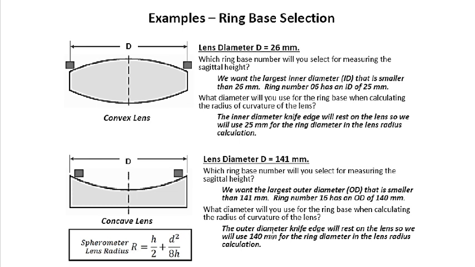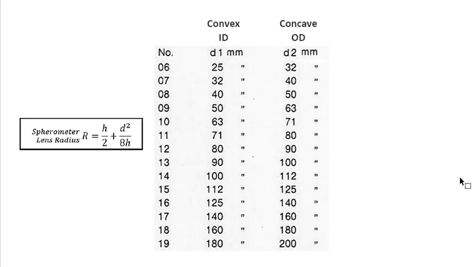So this diameter is actually your ring base, okay? So which is your ring number 140, and that's the one that you're supposed to be using, okay? Not this. That's just telling you the lens diameter, okay? All right. I of course also put here for you next to your ring base chart right here.